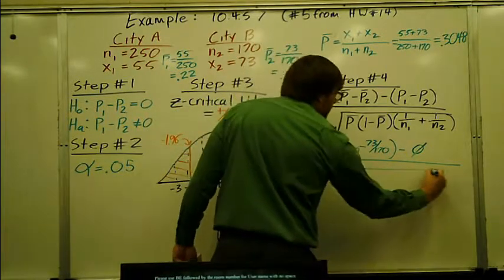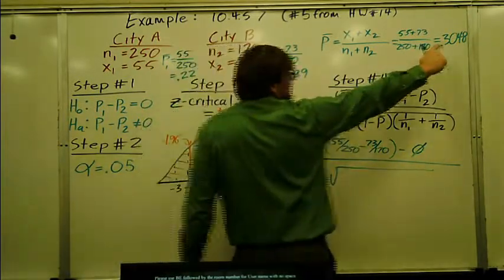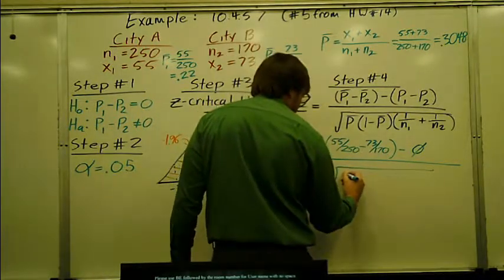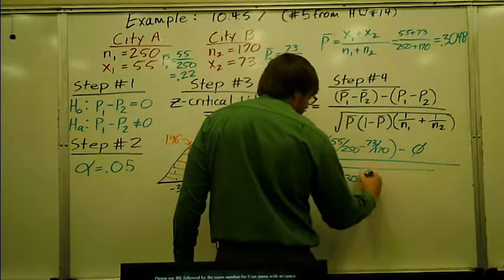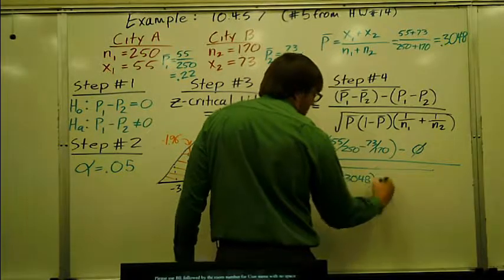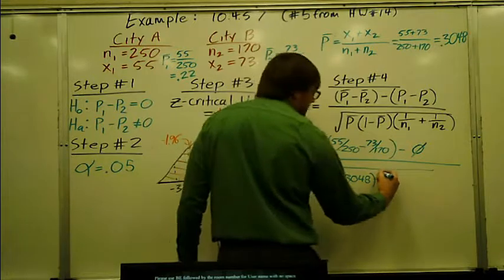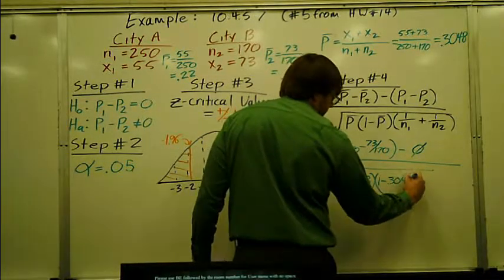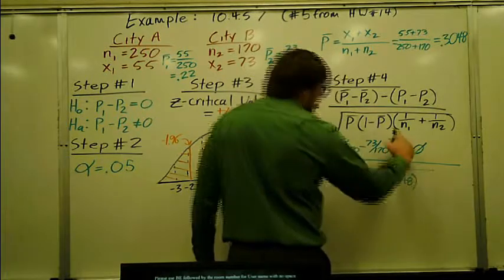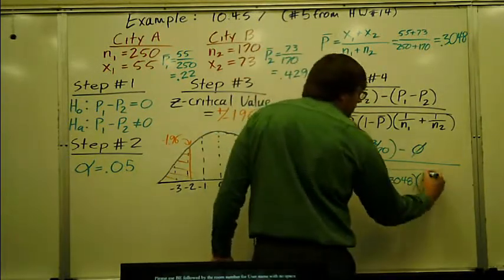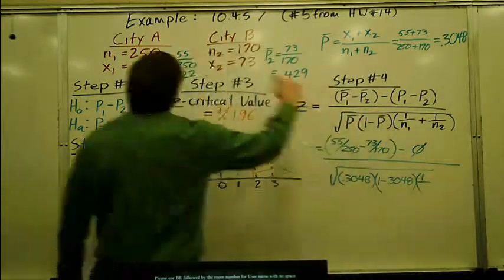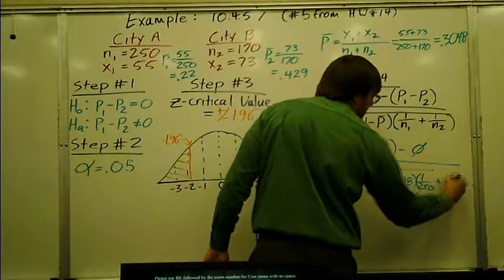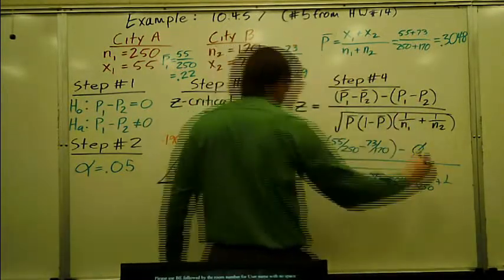The square root of our overall sample proportion, or 0.3048, multiplied by 1 minus that same proportion, then all multiplied by 1 over sample size 1, or 250, plus 1 over sample size 2, or 1 over 170.